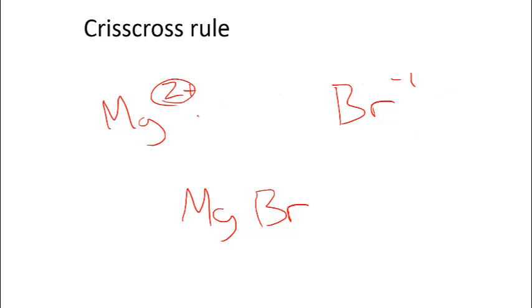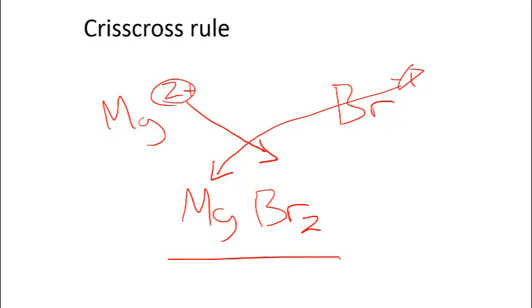So we take magnesium's charge value and we make it a subscript for bromine. We take bromine's charge value and we make that the subscript for magnesium. But since it's 1, we don't actually write it. So our compound is magnesium bromide, MgBr2.